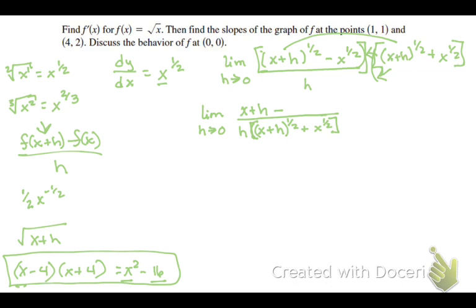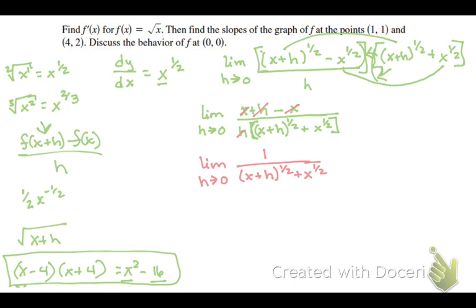Okay, so now I have x to the 1/2 times x to the 1/2, so that's just x, correct? Okay, so the x's reduce out, and the h reduces out, so I'm left with the limit as h approaches 0 of 1 over x plus h to the 1/2 plus x to the 1/2.